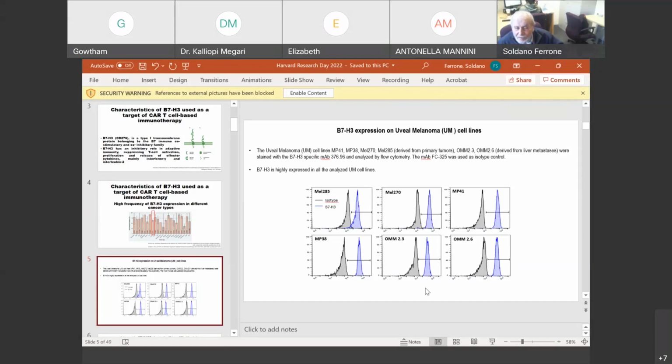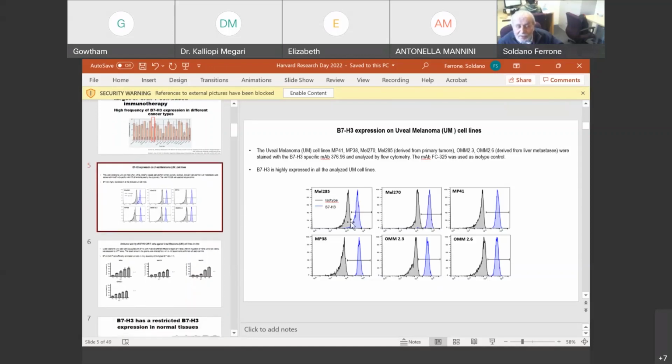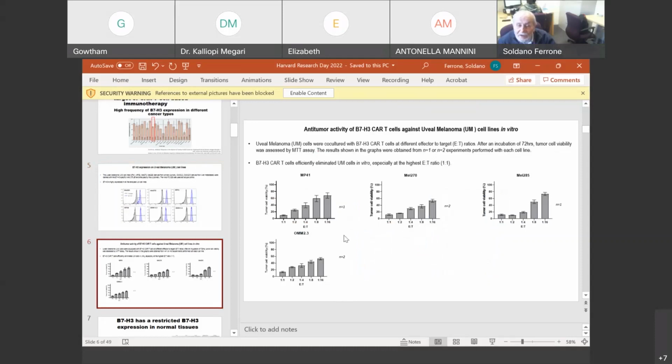So that's why I suspect that B7H3 is practically expressed in all types of tumors. And in the case of uveal melanoma, we know already that B7H3 represents a useful target for CAR T-cell-based immunotherapy, as shown in these slides, which indicate that the B7H3 CAR T-cells can eliminate in an effective way, at least in vitro, uveal melanoma cells.